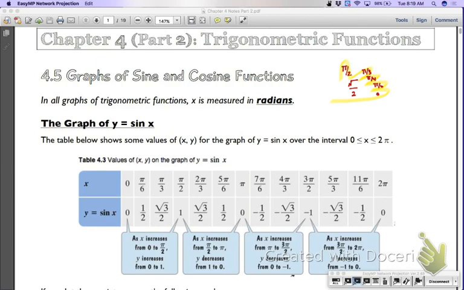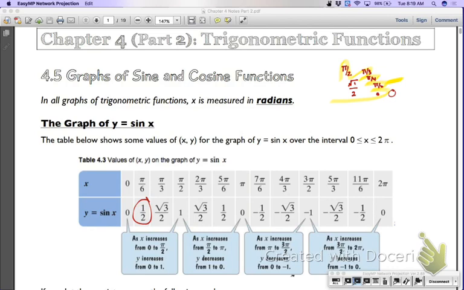Whenever we go through everything, remember at pi over 6 when we bend this finger, we had one finger below, so we have the square root of 1 over 2, and that's how we got the 1/2 right here.